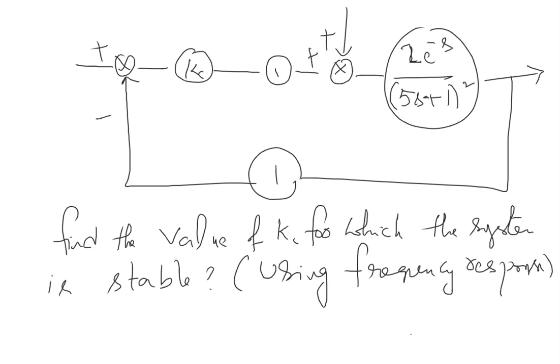It is 2 e power minus s by (5s plus 1) whole square.